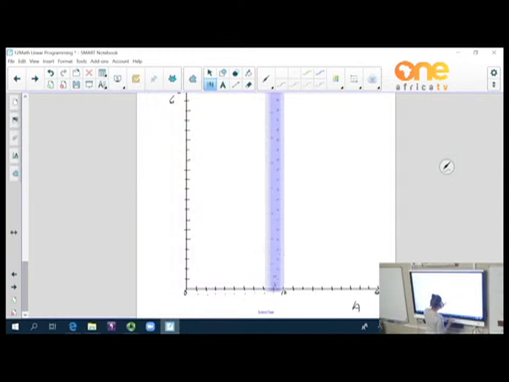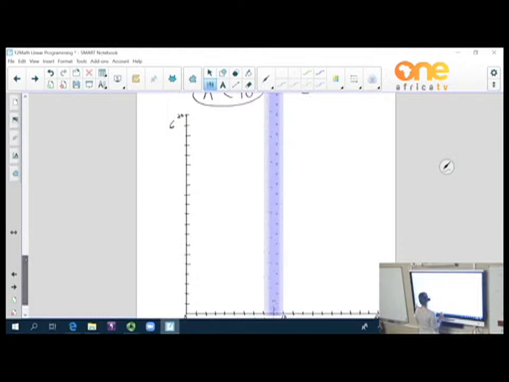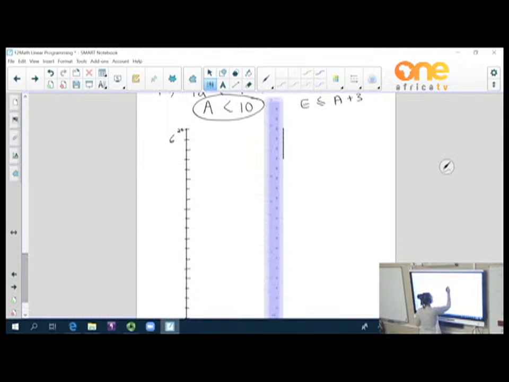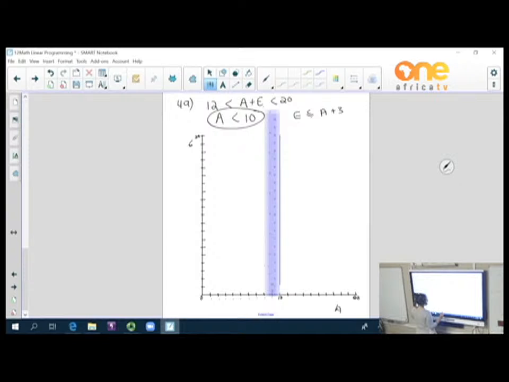And we will draw our line for 10 up until the end, which is at 20. So there, let me just make this a little bit smaller. So there we have our Argentina is less than 10. Then we will go to the next one. Argentina and England is less than 12.